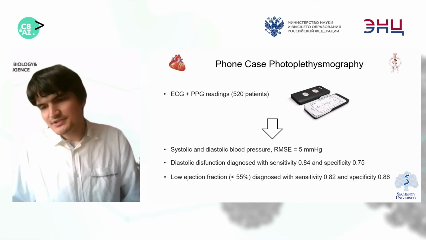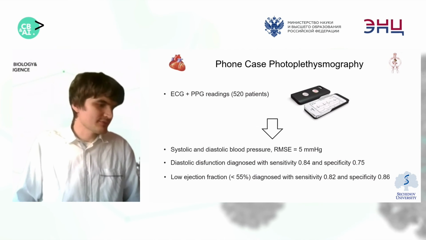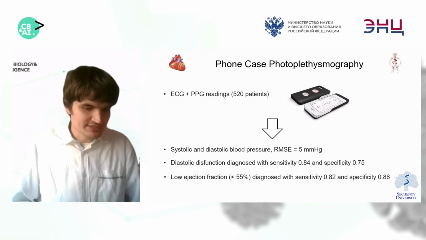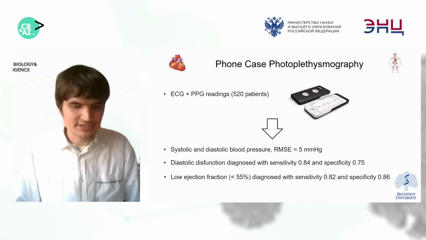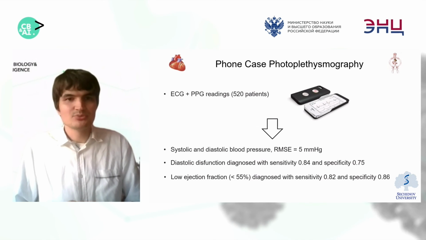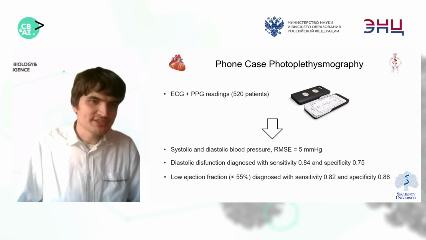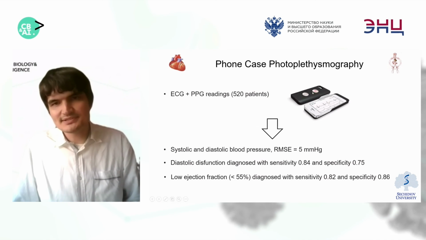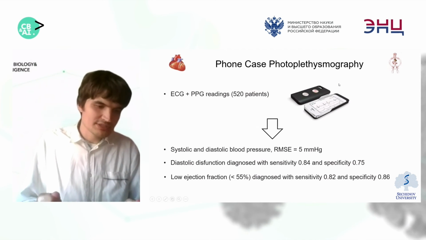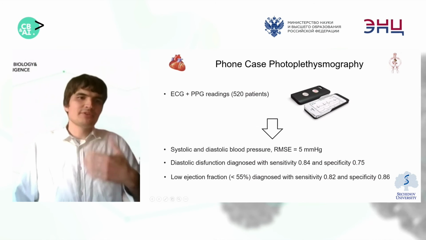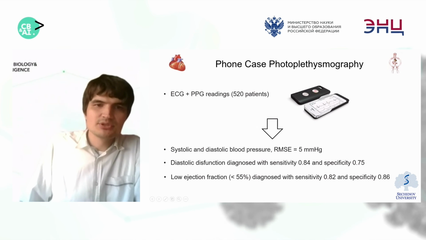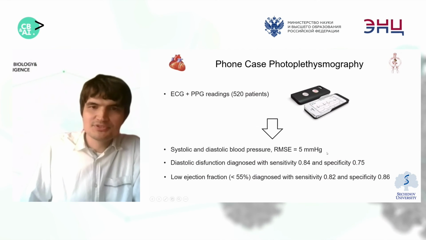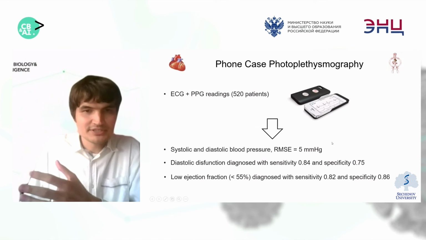Each patient was, of course, studied in the university clinic, and we found some of them have diseases. It turned out that through the analysis of this simple pulse wave, we can first of all calculate systolic and diastolic blood pressure with a precision of about 5 millimeters of mercury.